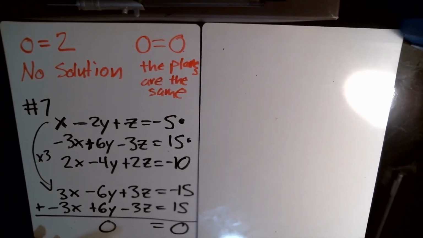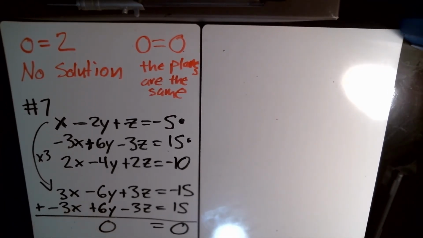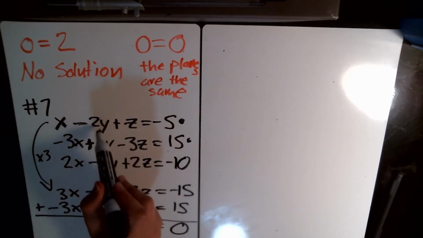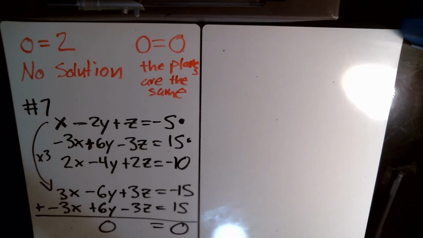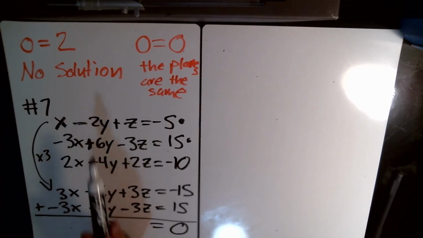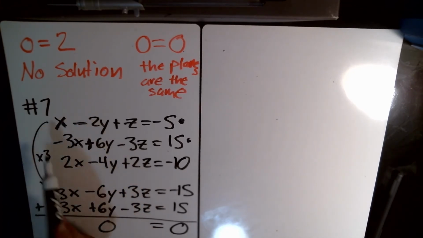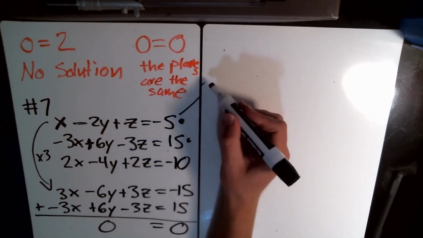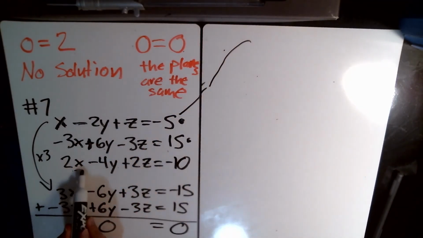Okay, so one last thing I should check here is that we know that these 2 planes are the same, but what about that third plane we have right here? Let's try and eliminate x using these two again and see if those are the same. So I'm going to take that top equation to cancel out this 2x here.